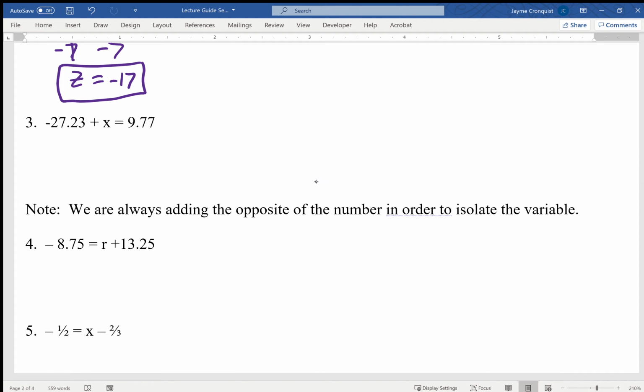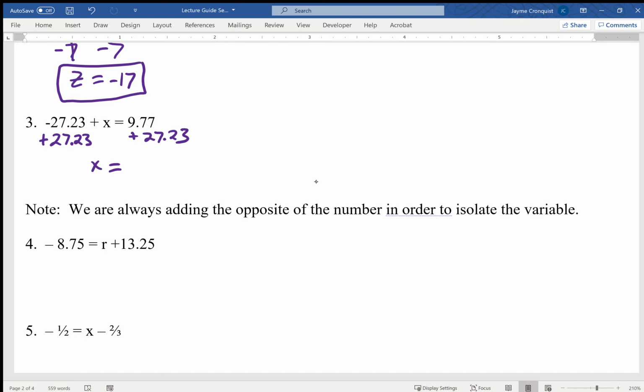Here I have a negative 27.23, so I'm going to add 27.23. Notice each time I am adding or subtracting the opposite of the constant that is associated with the x. So x is equal to, well, 7 and 3 is 10.